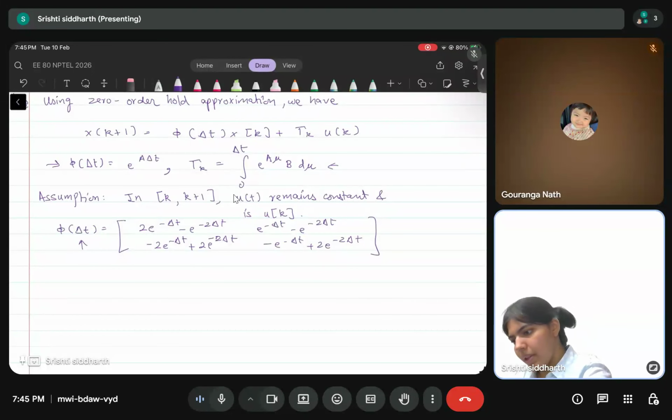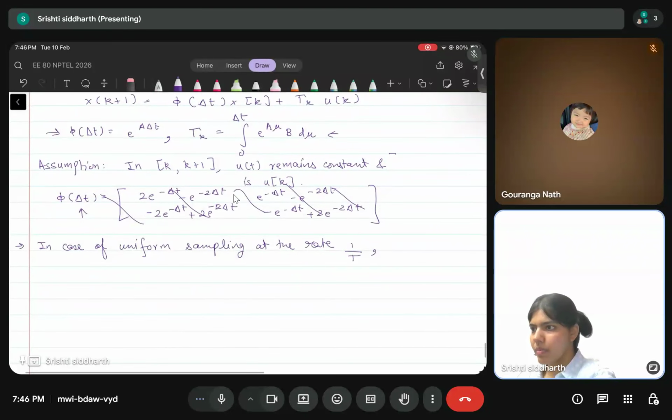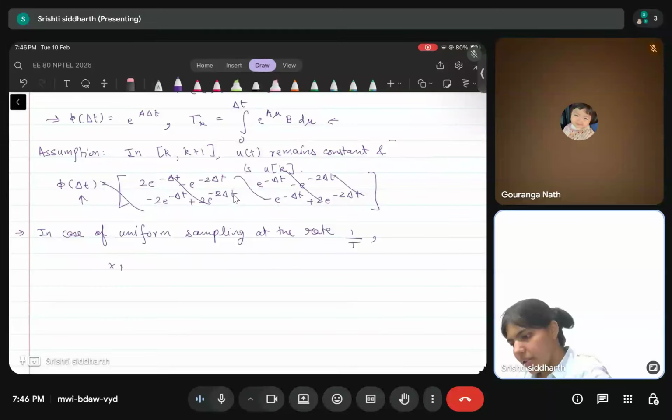In case of uniform sampling, we will compute this for uniform sampling. x at k plus 1 is simply phi of capital T x k plus gamma of T u k.